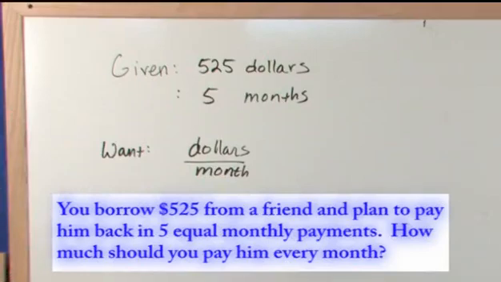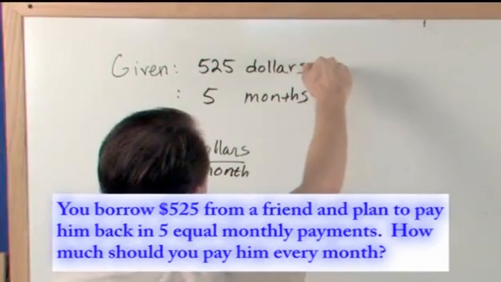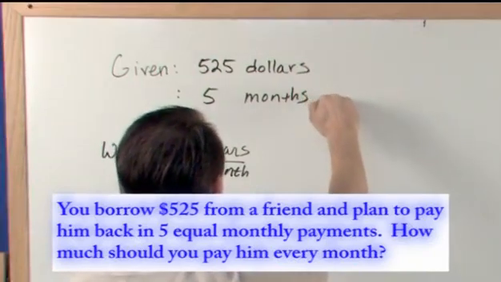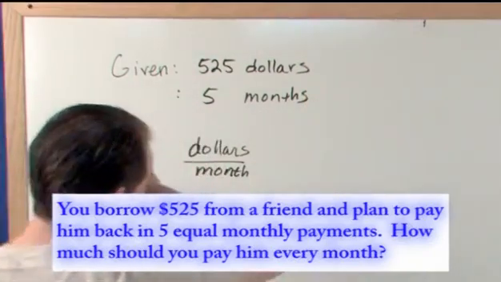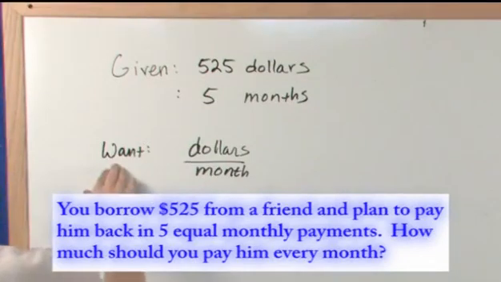When you write it down in terms of units, things become clearer, because it tells you that you owe him $525 and you plan to pay him back over 5 monthly payments. And it says right here, how much should you pay him per month?